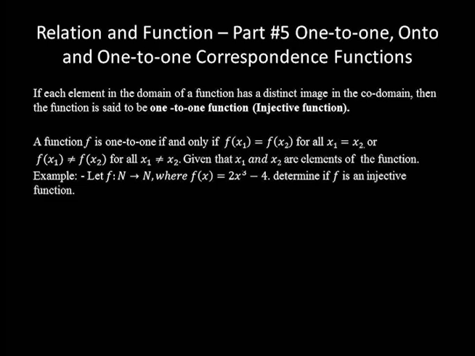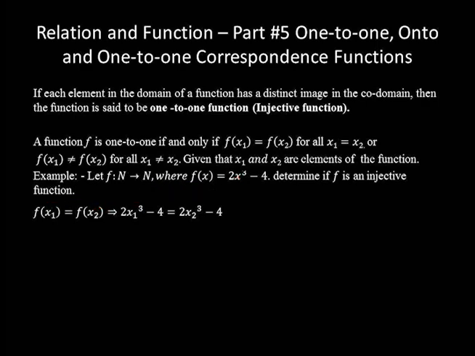Let's start with the assumption f(x1) = f(x2) and then prove x1 = x2. f(x1) means rewriting the equation by replacing x with x1, and f(x2) means rewriting the equation by substituting x with x2. Thus, f(x1) = 2x1³ − 4 equals f(x2) = 2x2³ − 4.